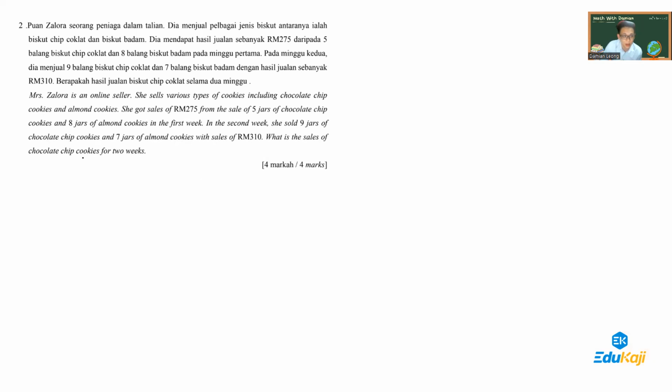So let's find the price of the chocolate chip cookie and the almond cookie first. Let's say I put x for chocolate chip, y for almond. So 5 jars of chocolate chip plus 8 jars of almond cookies equals 275 ringgit: 5x plus 8y equals 275. The other one, second week, 9 jars of chocolate chip cookie, 9x, plus 7 jars of almond cookie, 7y, equals 310.